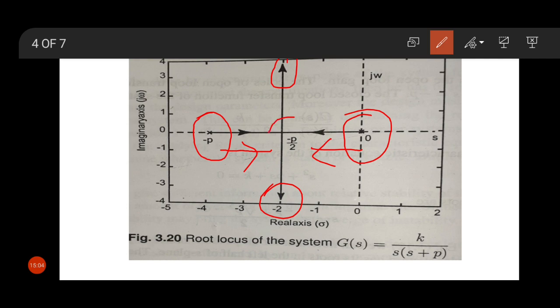They meet at this point and again they go in this way.